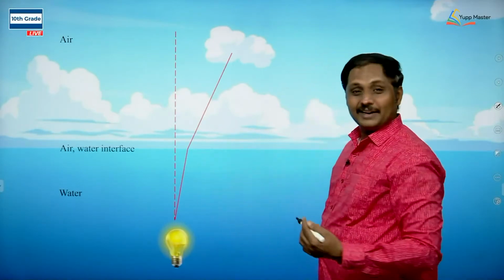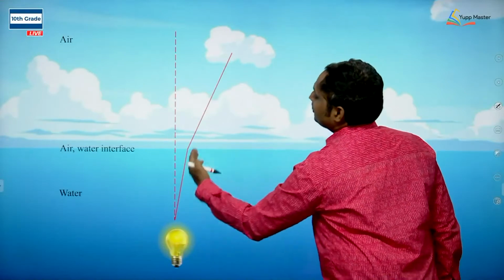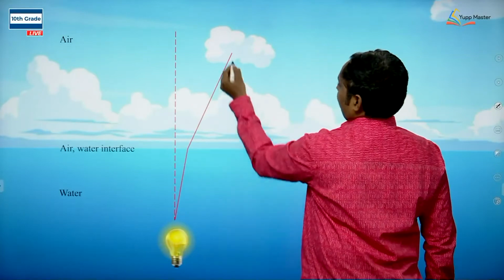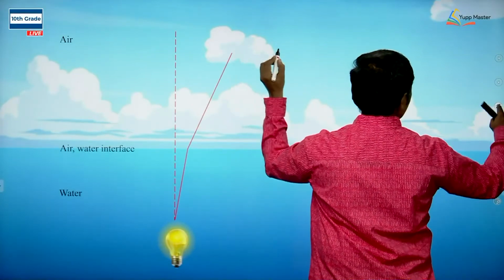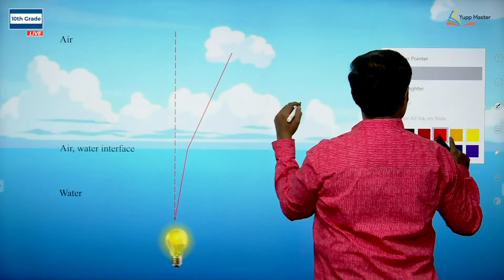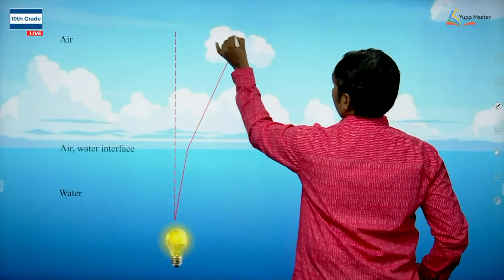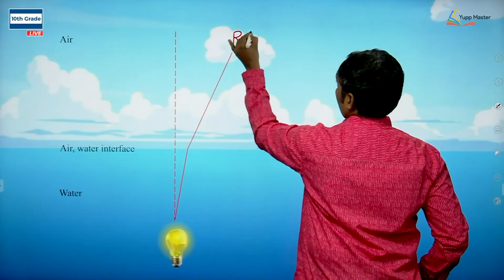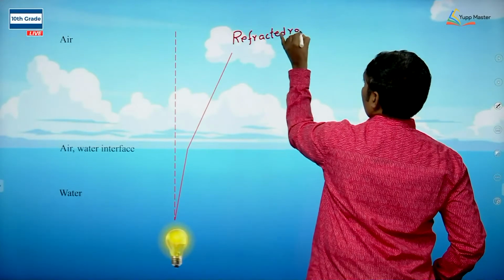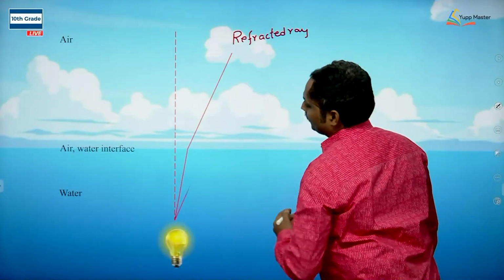When will it reflect? Please identify. It has been incident at a particular angle with respect to the normal. This is the refracted ray. Let us assume the angle is further increased.